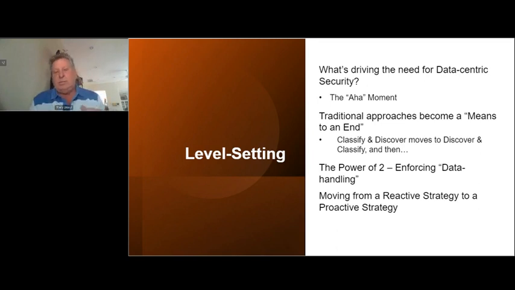I think we realized that manual classification just doesn't work, so now we reverse the order. We discover and classify, and then what? The then what is really the actions, what I like to call the power of two: blending discovery with data protection, or enforcing the data handling systemically.